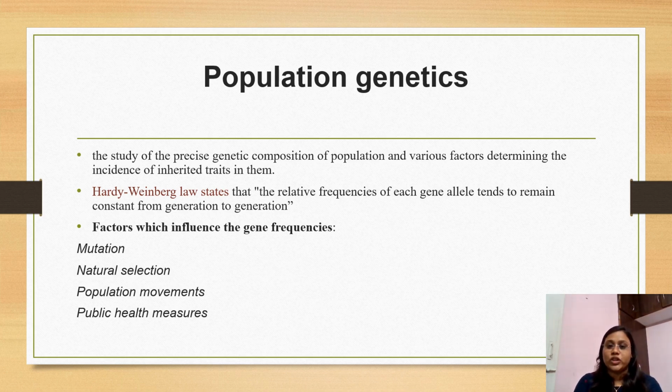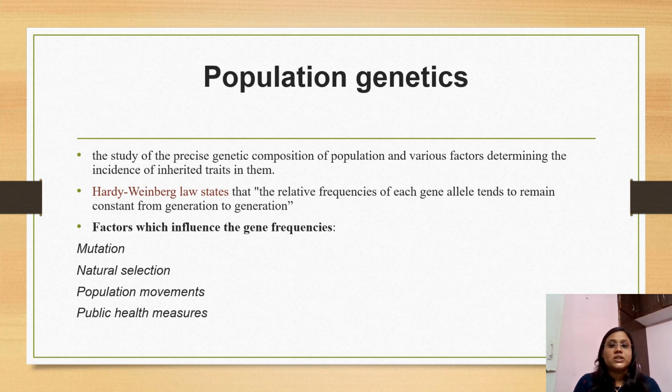Because there are multiple factors which influence the gene frequency in a population. For example, mutation. There is constant mutation going on, either due to point mutation or due to deletion of genes, due to radiation, due to various factors. Then another theory is natural selection. As Darwin says, there is survival of the fittest. What do you mean by that?